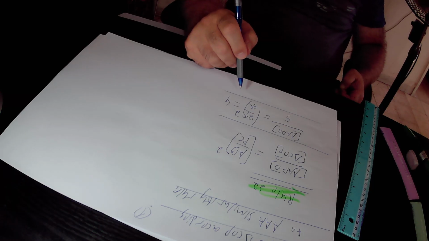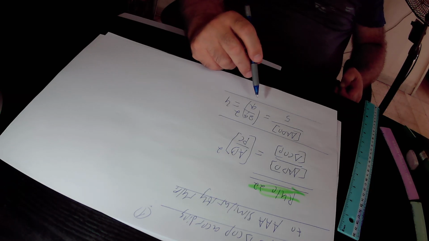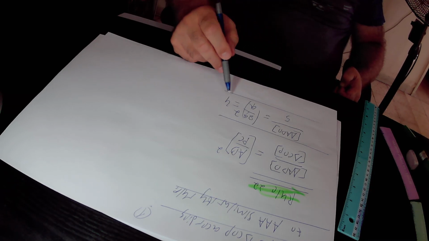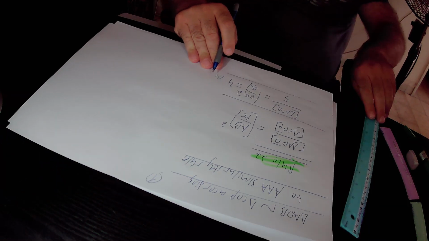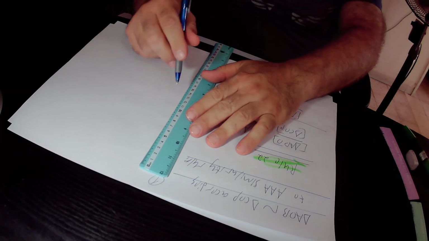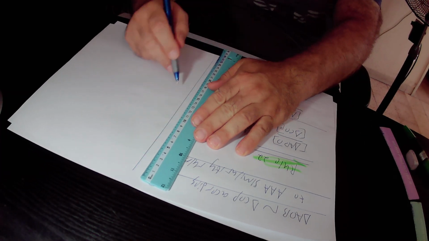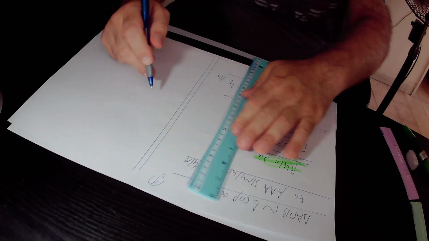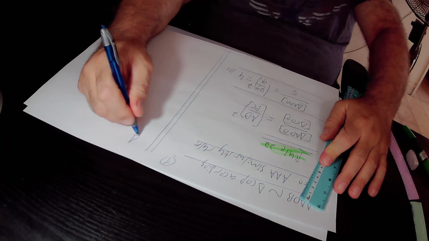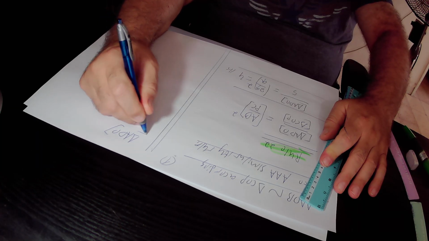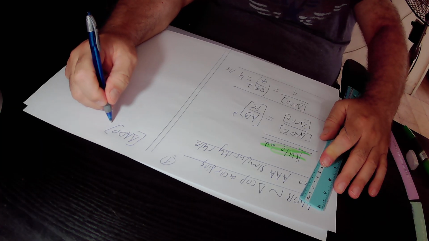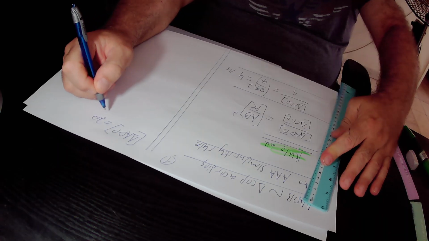So in total, the area of the big triangle ADO over 5 equals 4. Here we multiply this equation by 5, and we get that the area of the big triangle ADO is equal to 5 times 4, that is 20 square units.